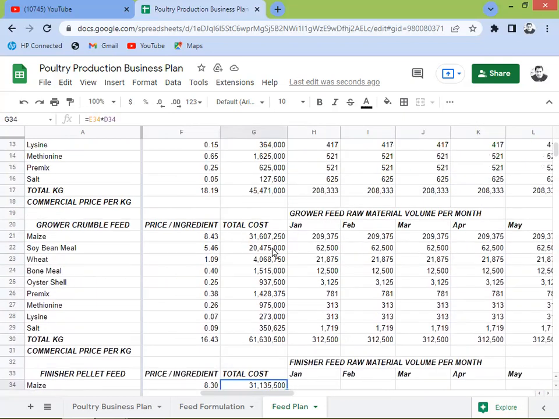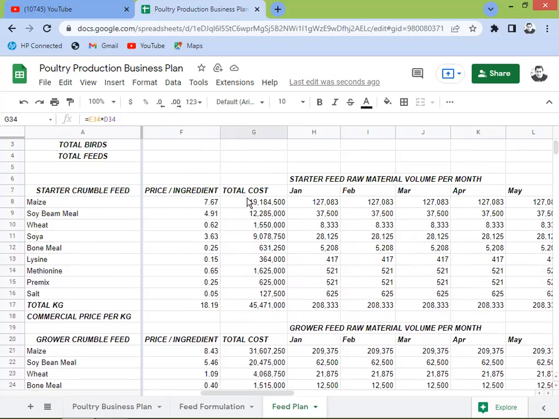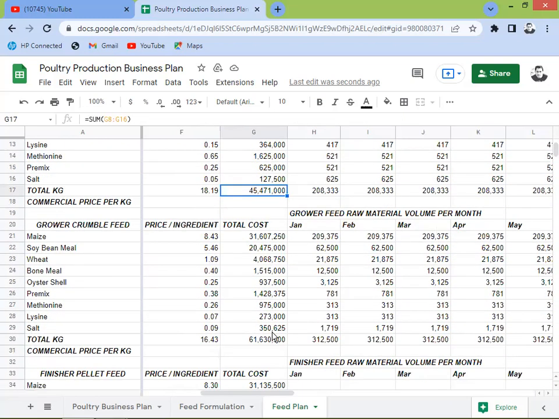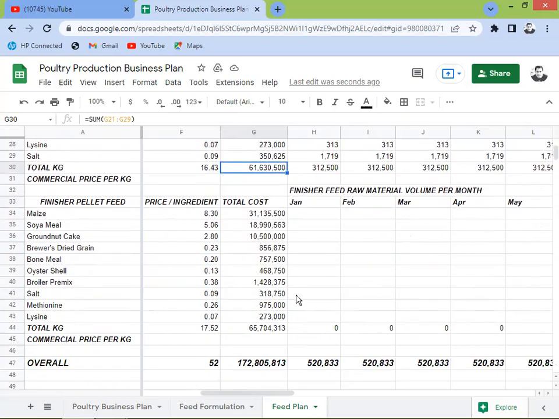Okay, now we're gonna find out the total cost: the starter crumble feed is 45 million, 61 million for the grower crumble feed, and 65 million for the finisher feed.